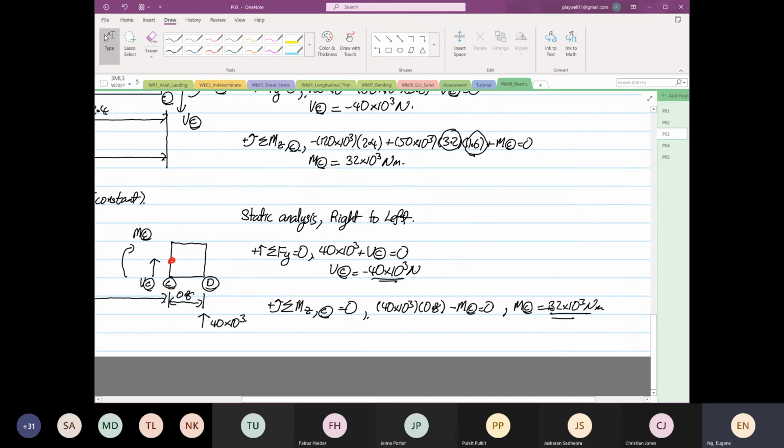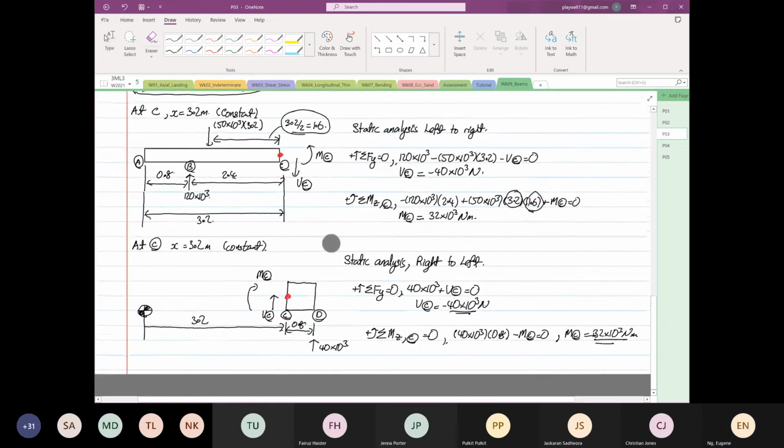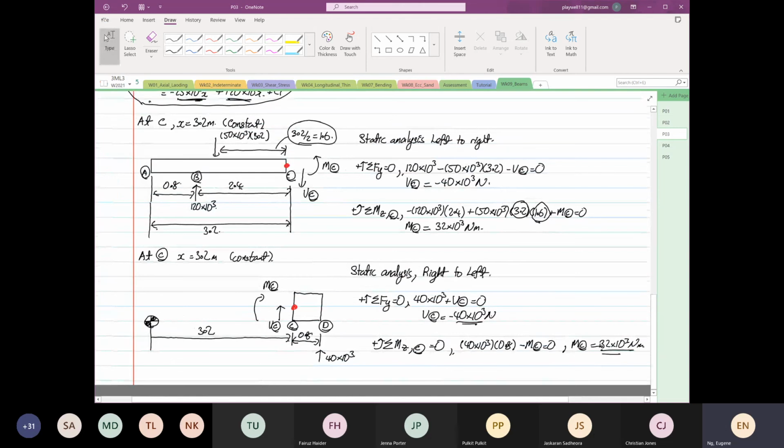Now, question for you guys. Now you can see left to right and right to left. Which one do you all prefer to use? The one you just did seemed easier. Why? Because you only have one load and one distance.